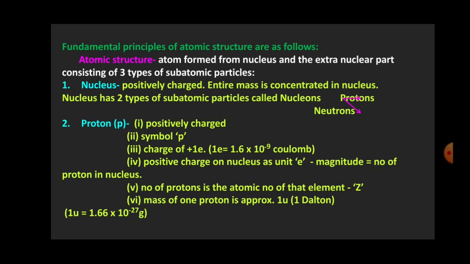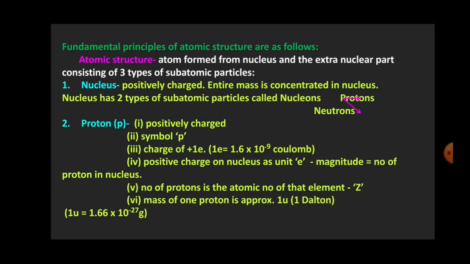Now one positive charge on the nucleus is the unit e, which is called the magnitude. It is equal to the number of protons in the nucleus. The total number of protons is the atomic number of that element, and it is represented by capital Z. So capital Z is equal to the atomic number, which is equal to the number of protons, that is the positive charge.